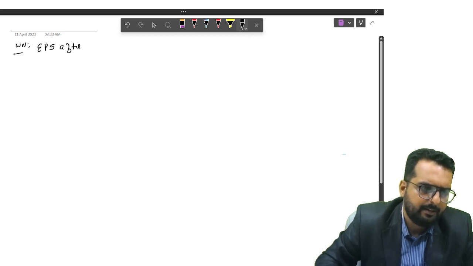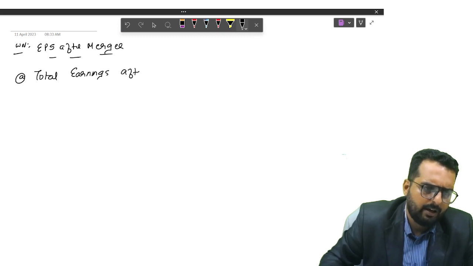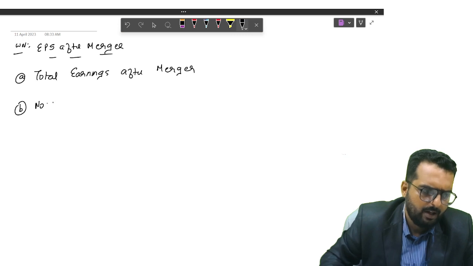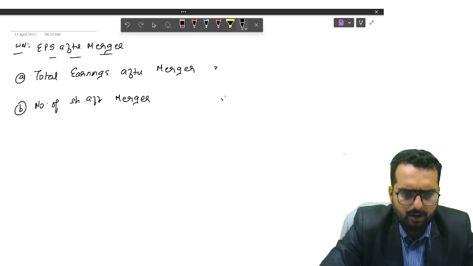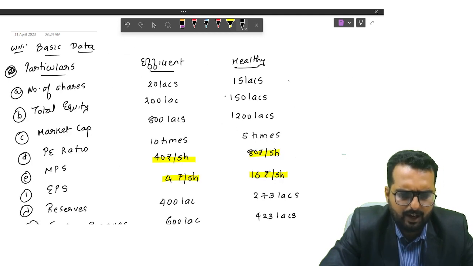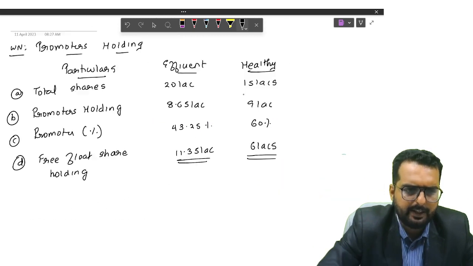EPS after merger. How will you work out the EPS after merger? We will take the total earnings after merger divided by what? Number of shares after merger. So what is the total earnings after merger? I think we found out that over here, right? 320 lakhs.